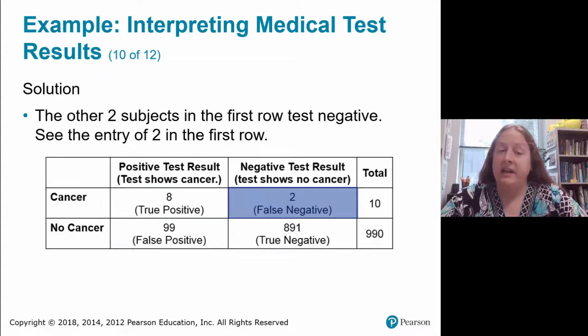And now, if 8 of the 10 receive a true positive, that leaves 2 of them to receive a negative test result even though they do have cancer, giving us a false negative of 2. So that's how my entire table is constructed using that added information about a test.